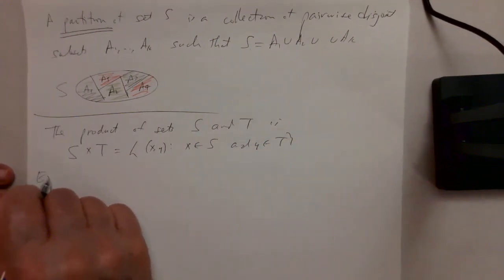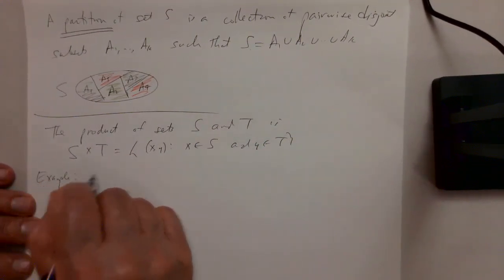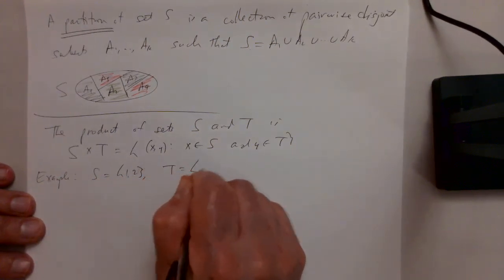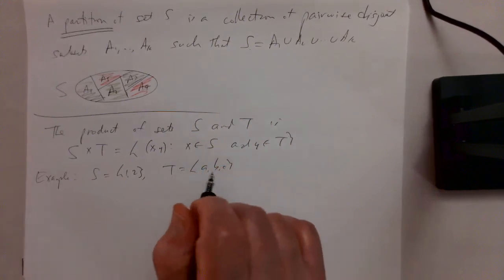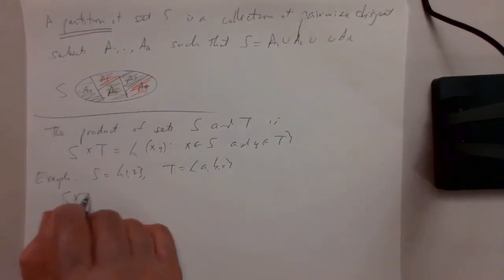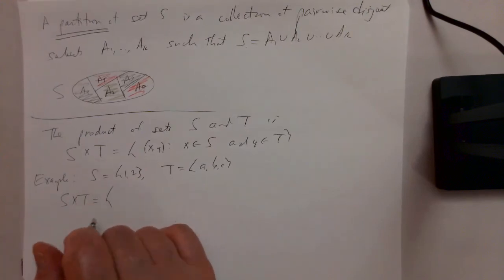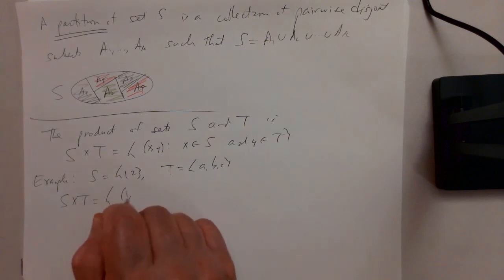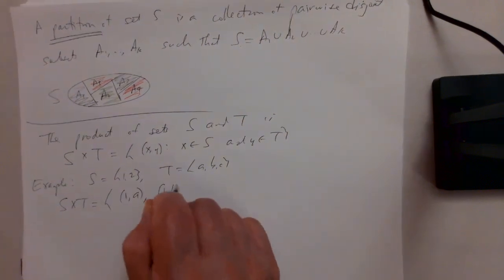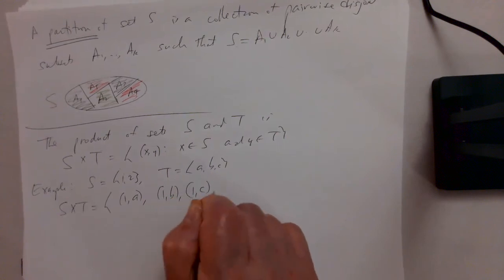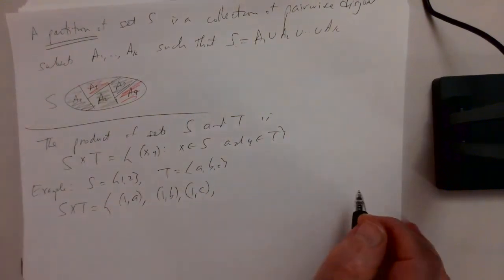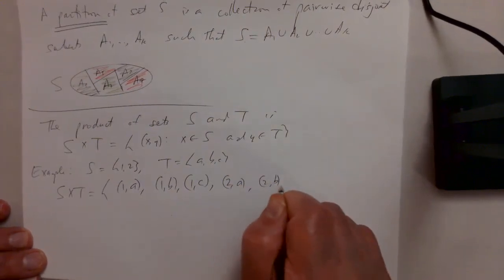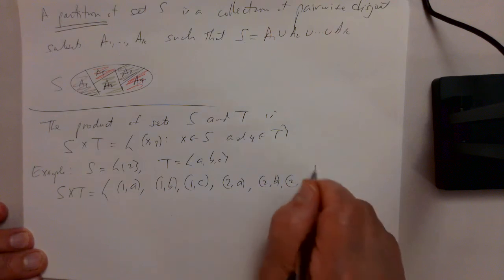So for example, if S is the set {1, 2}, and T is the set {a, b, c}, what does the product set look like? Well, it's ordered pairs. The first element comes from S, the second element comes from T. So I could have 1a, 1b, 1c, 2a, 2b, 2c.